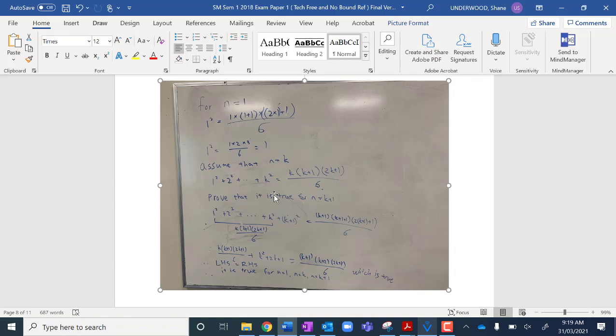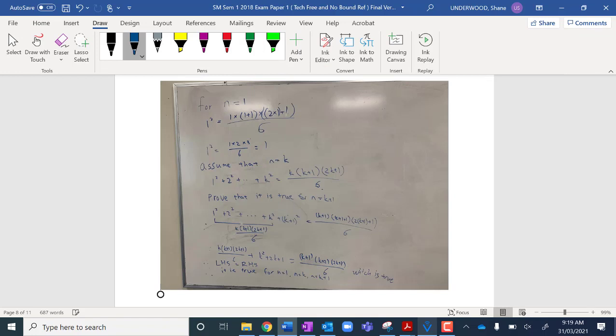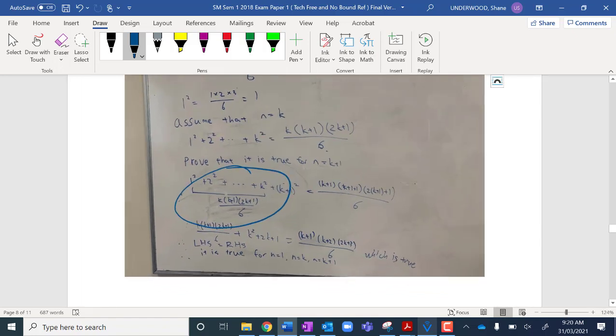We can see there that if I go up to k squared, it is going to be equal to k plus 1, 2k plus 1 over 6. Now, of course, you could expand all of that out and show the left-hand side is equal to the right-hand side. And for some of these, you absolutely need to.